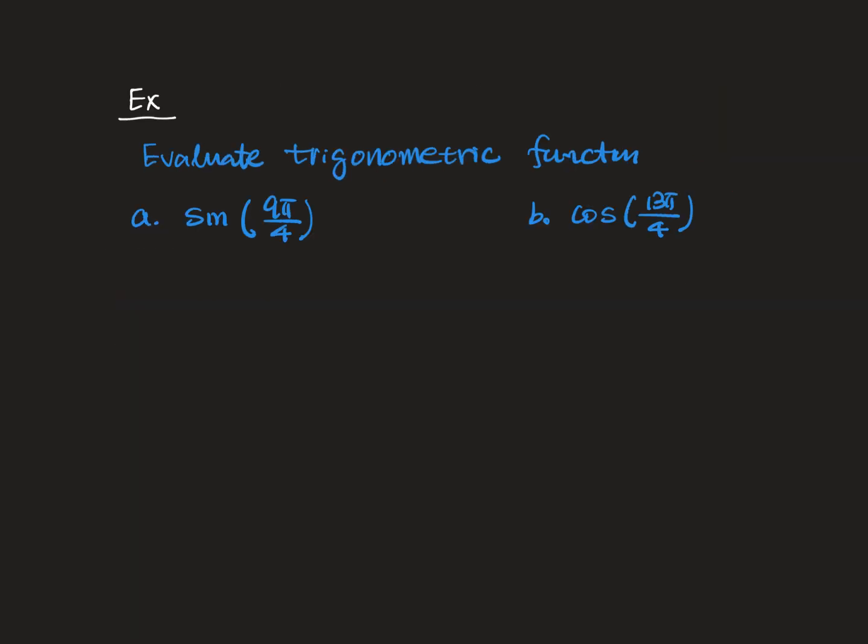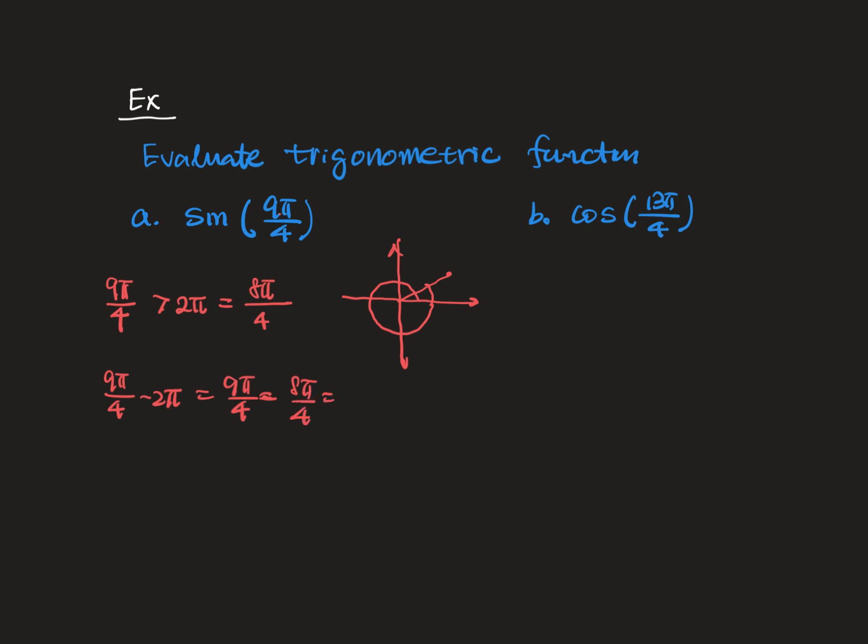Another one is 9 pi over 4, guys. This one is definitely greater than 2 pi. What is 2 pi? It is 8 pi over 4. This one is greater than 2 pi, meaning we're going to find the coterminal angle. One cycle is 2 pi, from 0 to 2 pi, then you go further. Let's find the coterminal angle: 9 pi over 4 minus 2 pi. 9 pi over 4 minus 8 pi over 4 is pi over 4.